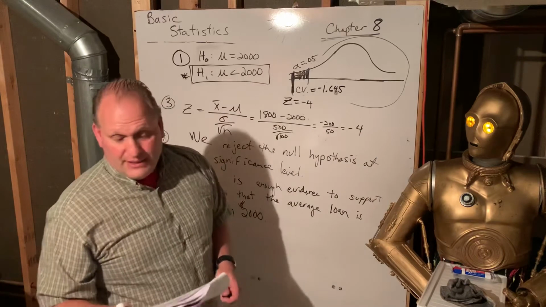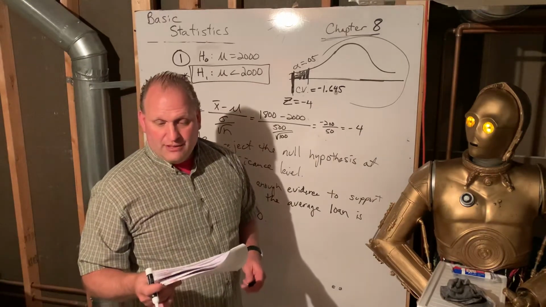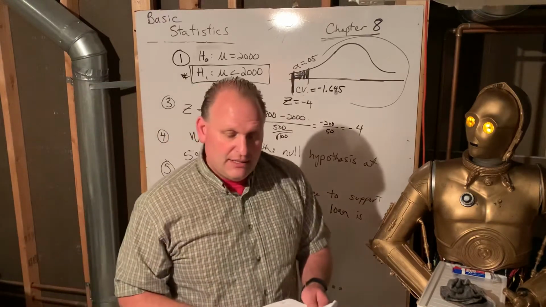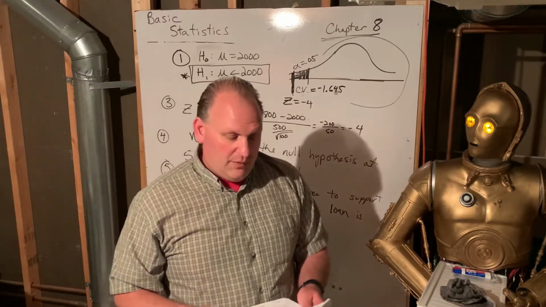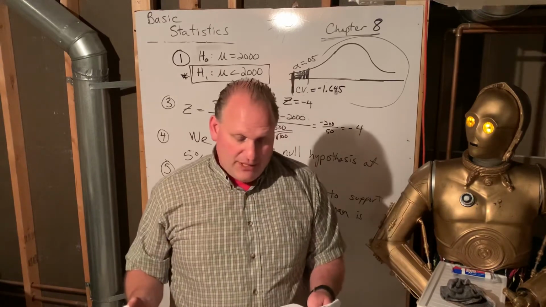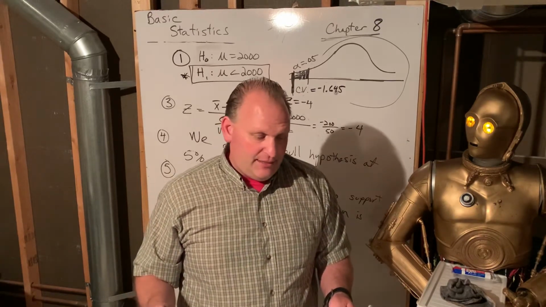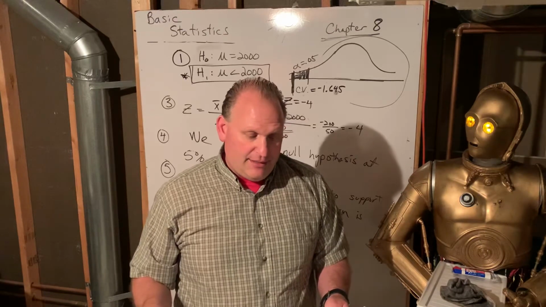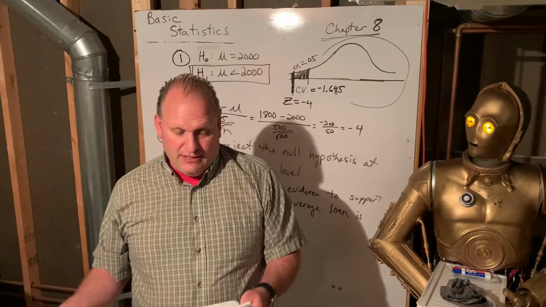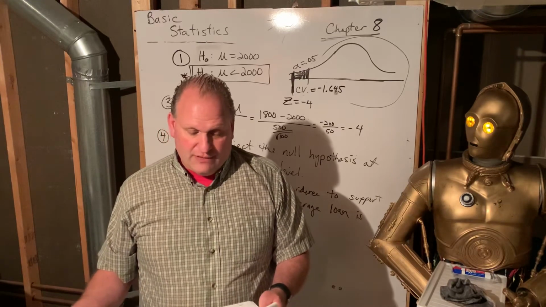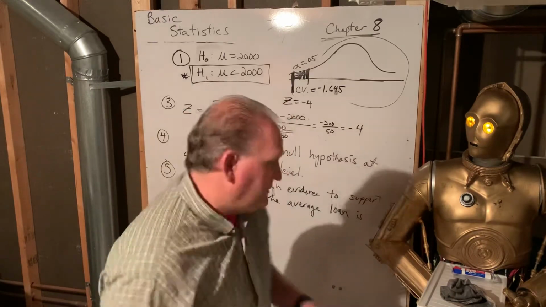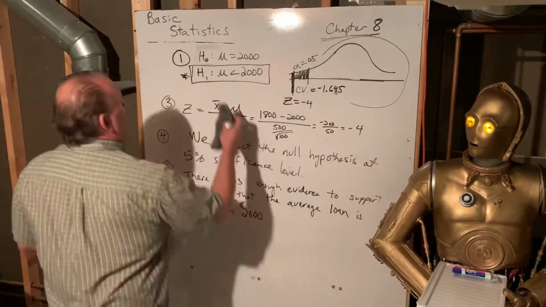Find the probability of the shaded area. Okay, so they gave us z equal to 1.2. So for number 4, z is equal to 1.2, and the null hypothesis is mu equals 14, and they want you to say not equal to. So if it's not equal to, let's take a look at that.